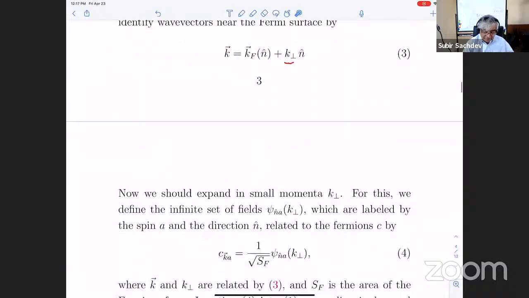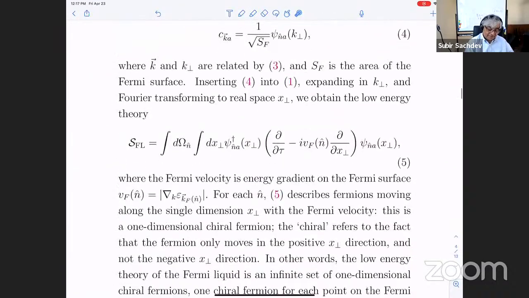So when I'm done, this is my theory of a Fermi liquid. I have a fermion which is only a function of one spatial coordinate, x perp, but it's labeled, a fixed label once and for all, by a point on the Fermi surface. It's not a dynamic degree of freedom. It's just another label like spin or isospin or any other label an electron may have.